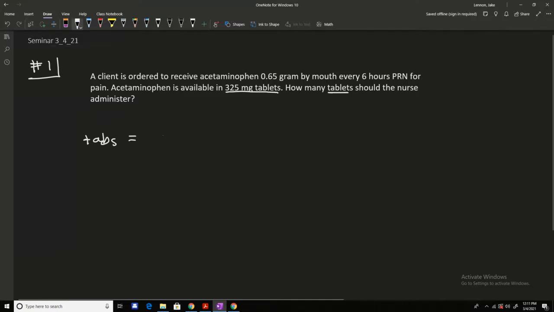So this thing that I'm starting with, I want to put on top, and I know that one tablet is 325 milligrams. Now I want to cancel this milligrams, because I know the final unit should only contain tablets. So that milligram is unnecessary. I would look in the problem for anywhere I would see milligrams. I don't see milligrams, but I do see grams. So I would call this the medication family, if you will.